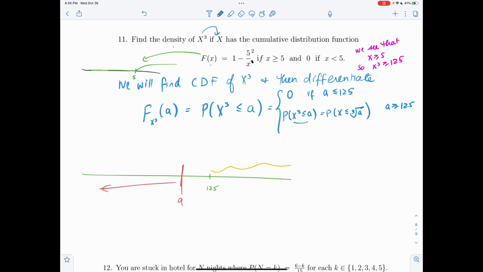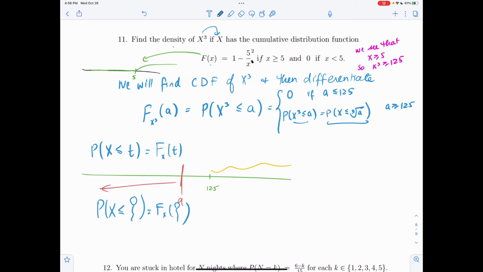This is the probability x is less than or equal to something. What is the probability x is less than or equal to t? This is just the CDF of x evaluated at t. What's the probability x is less than or equal to a balloon? This is the CDF of x evaluated at the balloon.